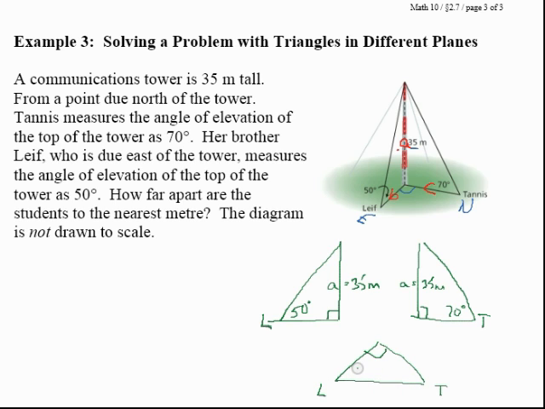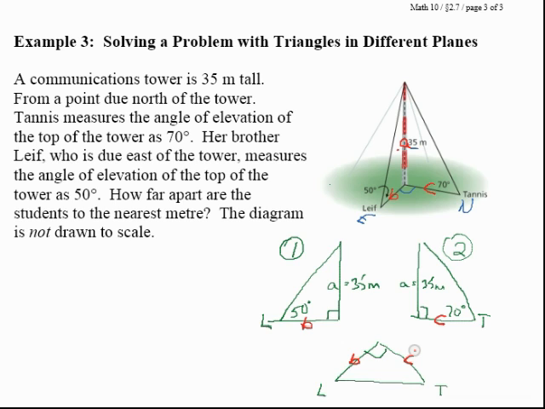We don't know anything about the angles at the L or the T on that third triangle. Let's label this triangle 1 and triangle 2. This is B, and this is B, and this is C, and this is C. So if you can't see that, I want you to pause the video and take a look at that until you can make some sense of it, or at least give it a good try.